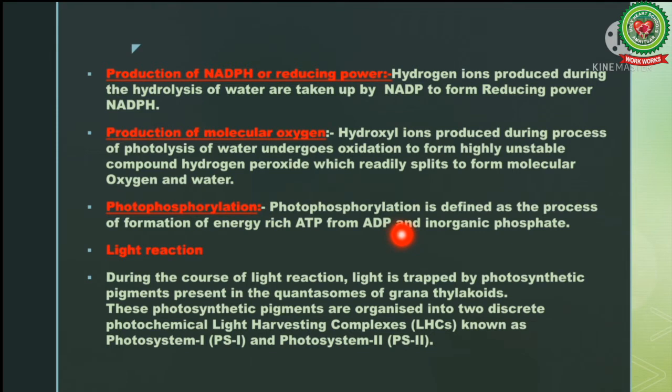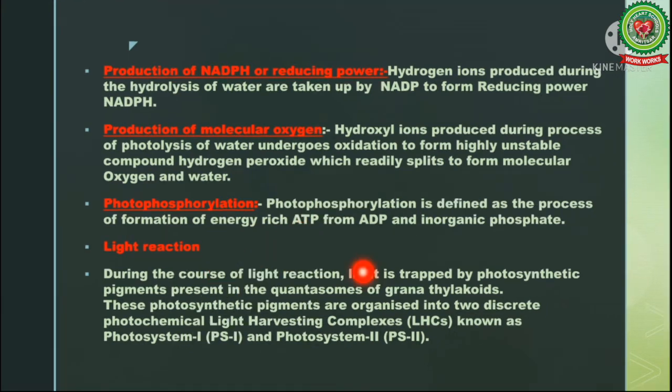The electrons available in the above reaction are picked up by certain electron carriers. When the electrons pass through these carriers, they dissipate energy. This energy is utilized in the formation of energy-rich compound ATP from ADP and inorganic phosphate. Now we'll discuss these steps in detail one by one.